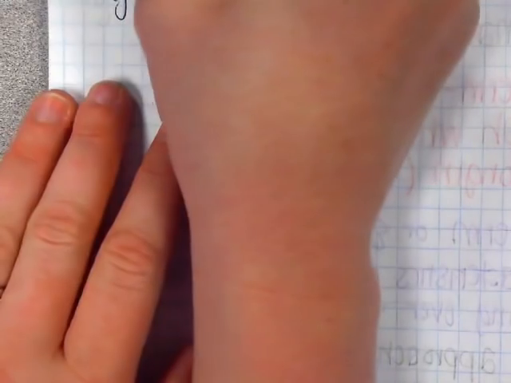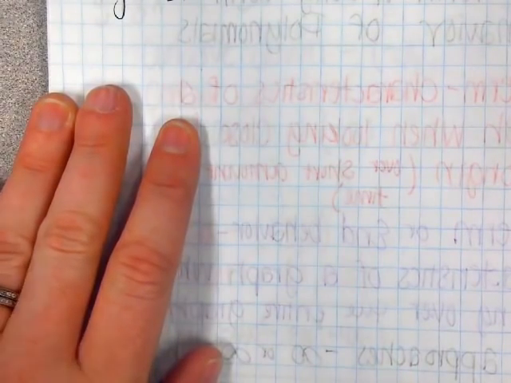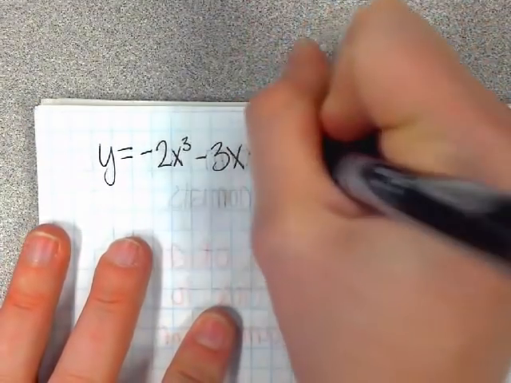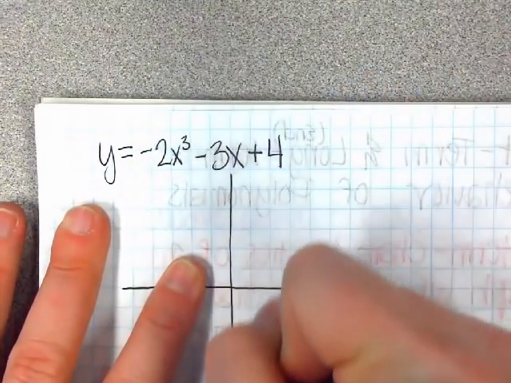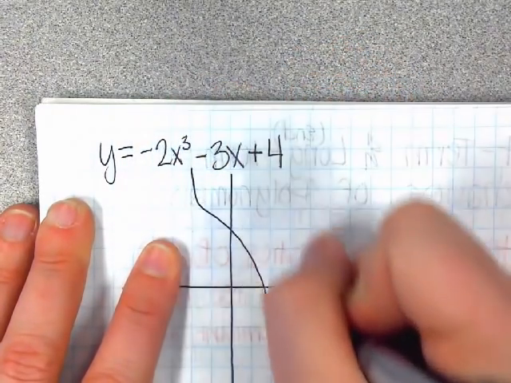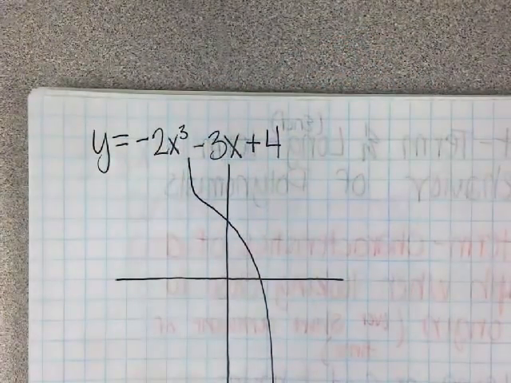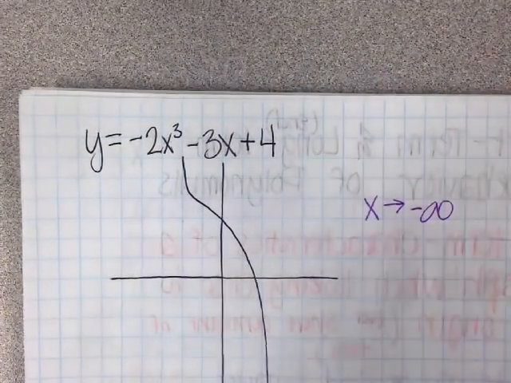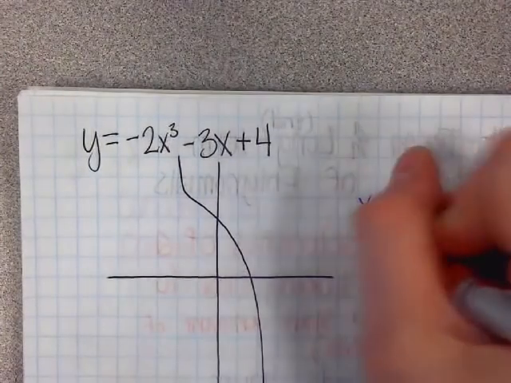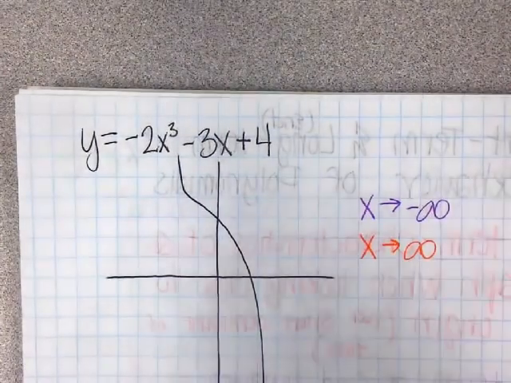So I'm going to go ahead and draw that. If I do y equals negative 2x cubed minus 3x plus 4, it looks like this. That's not a very good drawing, but okay, you always write it as x approaches negative infinity and as x approaches positive infinity.